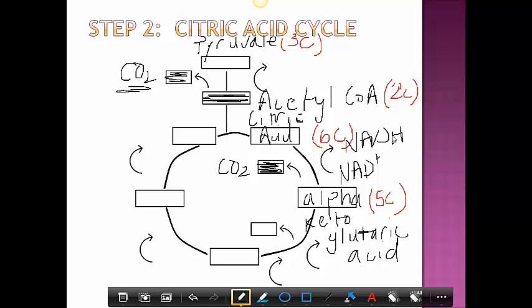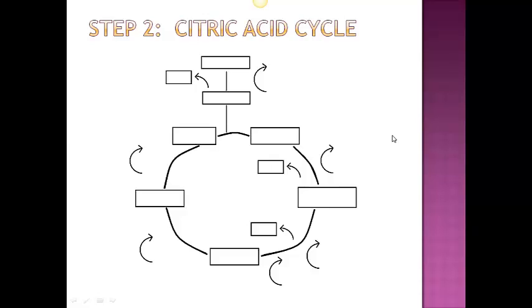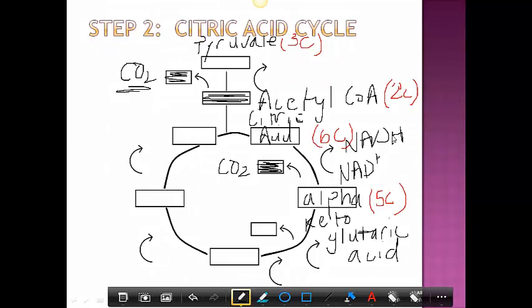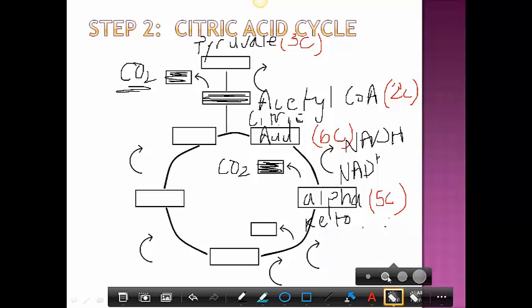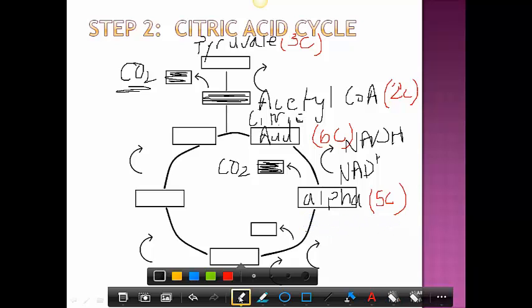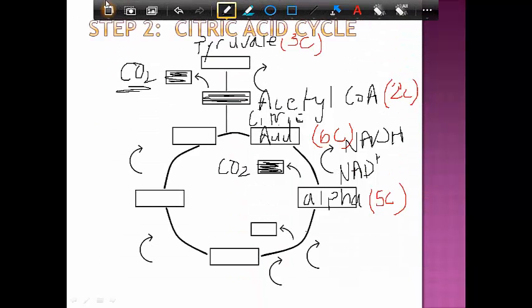All right, on to the next step. I'm going to erase just a little bit so I can fit in the next step here. I'll just leave alpha to remind us of what that one was. Okay, the next step is going to be making a 4-carbon molecule. Mark that in red again.